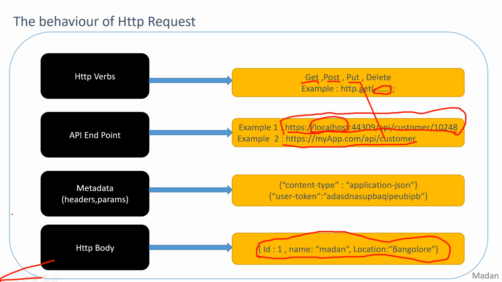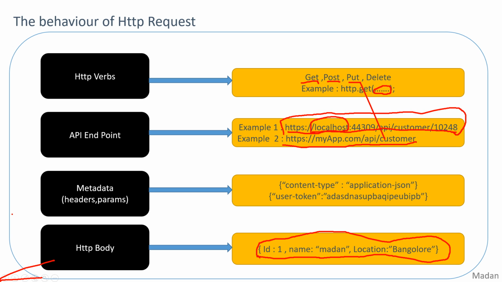Suppose you want to insert a new record, you have to post that record into the body section of the HTTP request. If you want to delete a record, you have to pass the ID of that record. And if you are going to delete multiple records, then you have to send multiple IDs in the body section of the HTTP request, and only then can we delete the records.